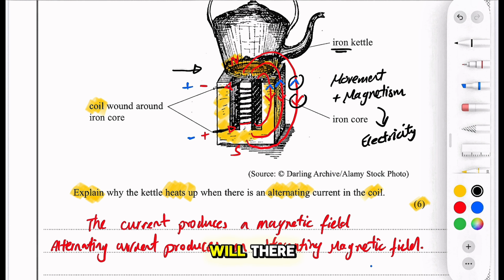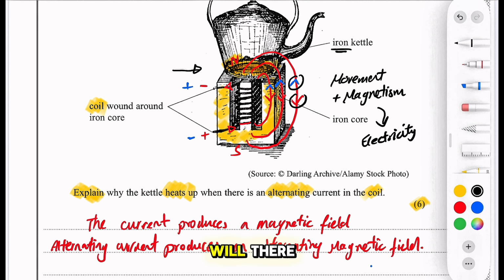I would say the magnetic field lines, or lines of magnetic flux, are cut by the kettle or the core. As a result, an EMF is induced across the kettle.